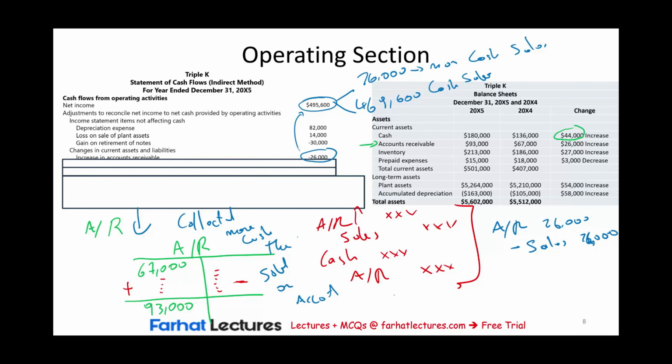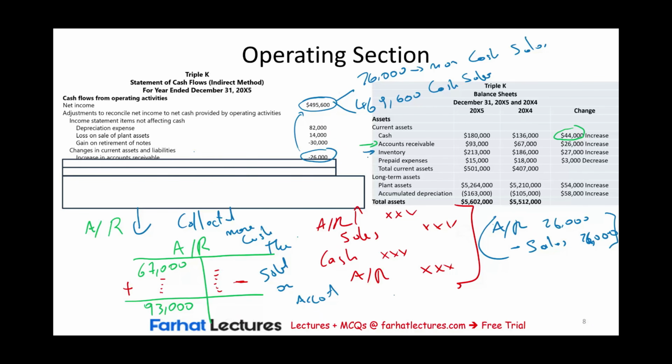It means if there was a decrease in AR, I would have added the decrease. Don't worry, I'm going to show you a rule at the end for current assets. But I want you to understand why I deducted 26,000. The reason I deducted 26,000 is because overall I had $26,000 in sales on credit that are non-cash sales.